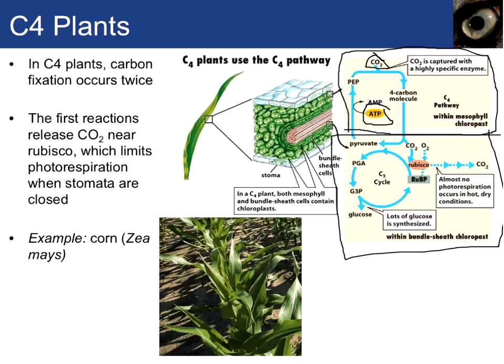There's a trade-off in why plants use this kind of double fixation. Plants in an area where they might dry out use it as one way to get around photorespiration. But again, like I said, it's not quite as efficient as the C3 pathway.